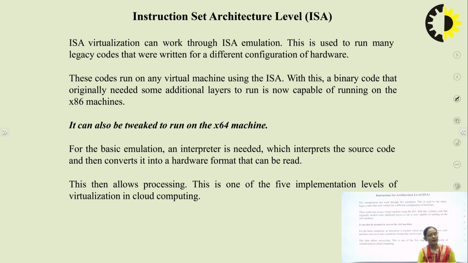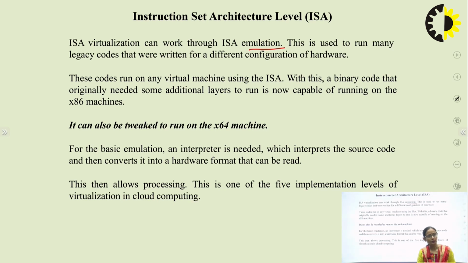The first one is ISA. The ISA can work through ISA emulation. This is used to run many legacy codes that were written for a different configuration of hardware. These codes run on any virtual machine using your instruction set architecture, that is ISA. With this, a binary code that originally needed some additional layers to run is now capable of running on x86 machines.